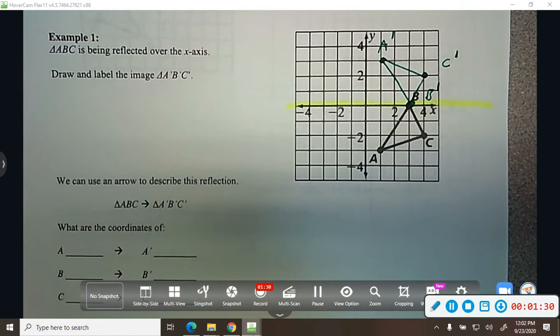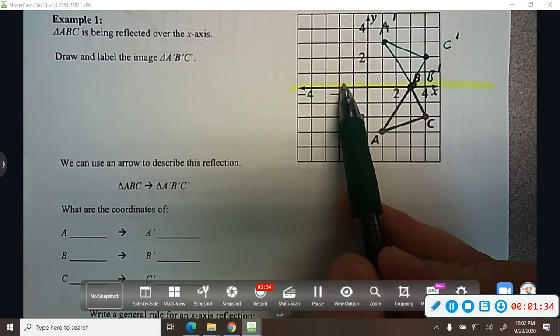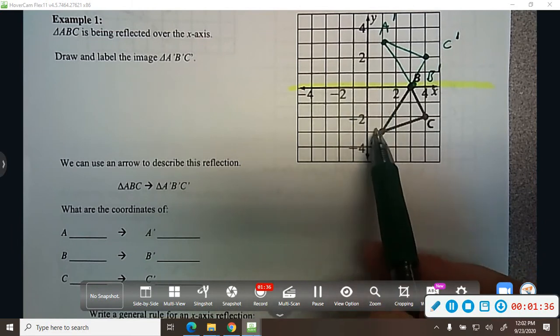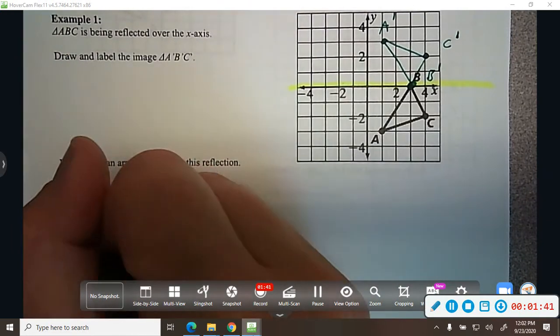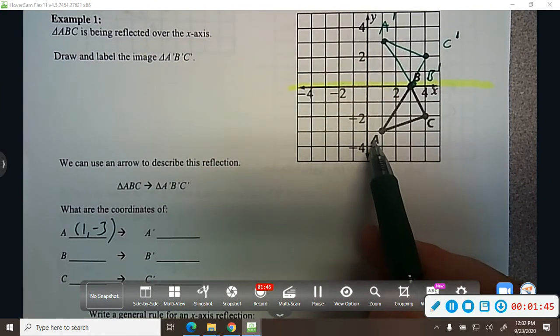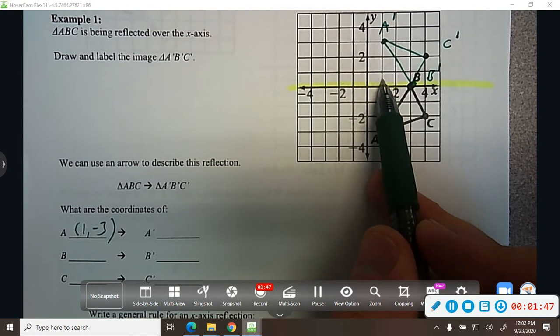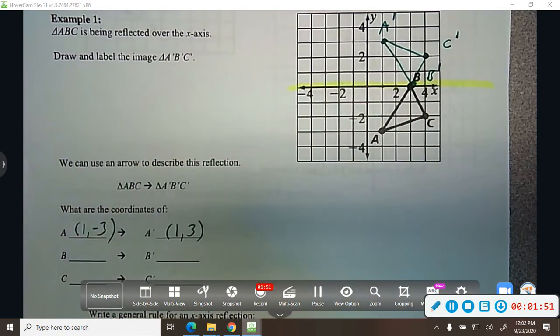Okay. So the original coordinates of A was (1, -3). And then after I reflected it, it became (1, 3). Notice all that changed was the y value.